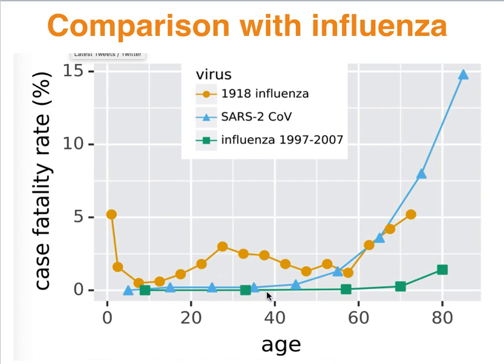As you can see here, the seasonal flu doesn't kill many people, except maybe for a slight increase in the elderly. And what was so shocking about the Spanish flu was that it killed many young children. Of course, it killed many old people, as normal flu also does, but there was a peak in young people as well. So people between the ages of 20 and 40 were also dying massively of this virus.